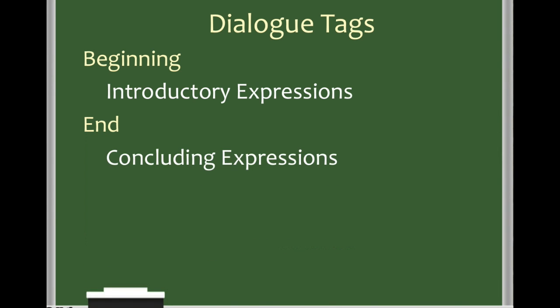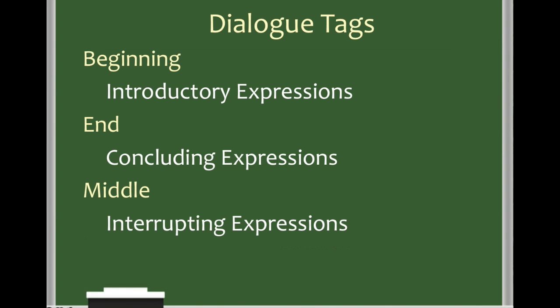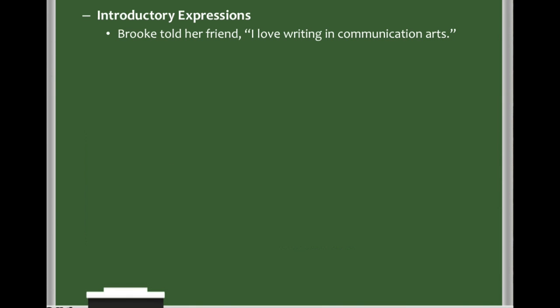We call these concluding expressions because you are concluding the quotation with a dialogue tag. Finally, you have those dialogue tags that are used in the middle of a thought or quotation. And these are called interrupting expressions because you are actually interrupting the quotation with a dialogue tag. There are lots of different ways, and so we're going to take a look at some examples.